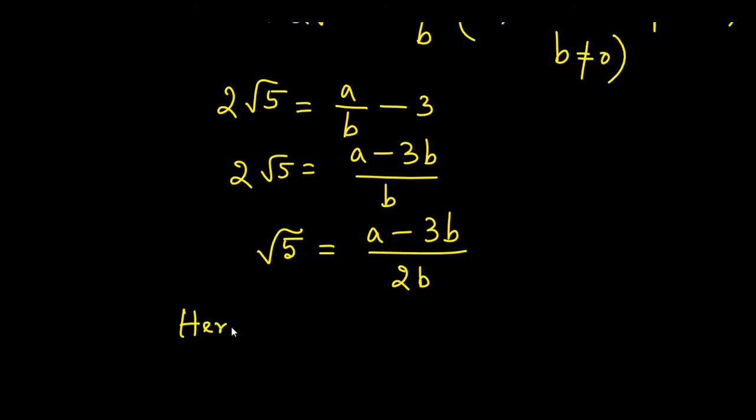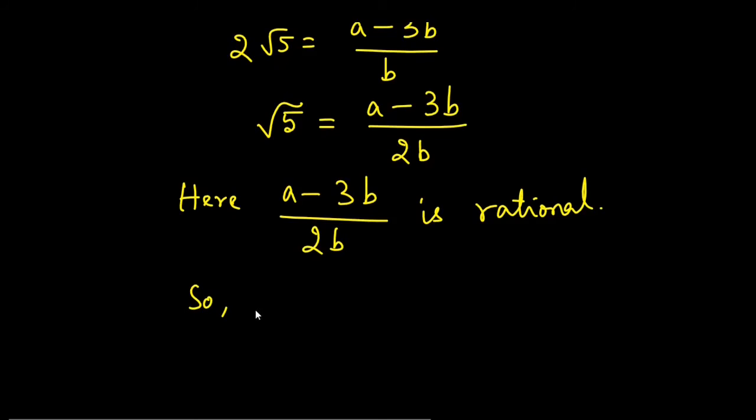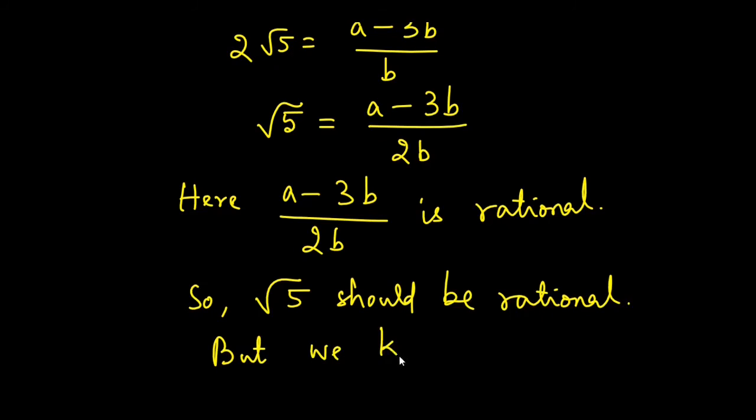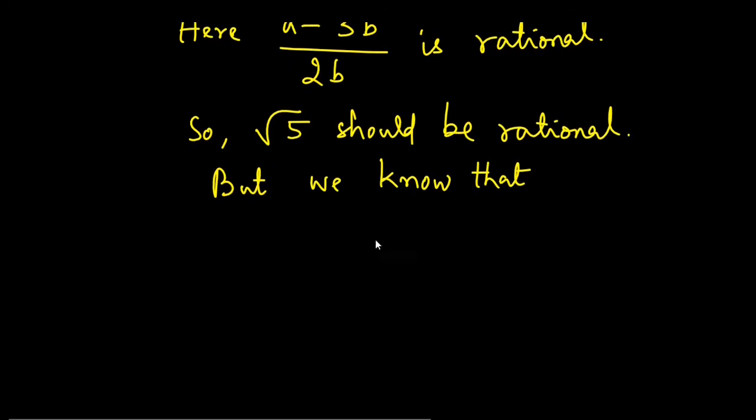Here a minus 3b by 2b is rational. So root 5 should be rational, but we know that root 5 is irrational.